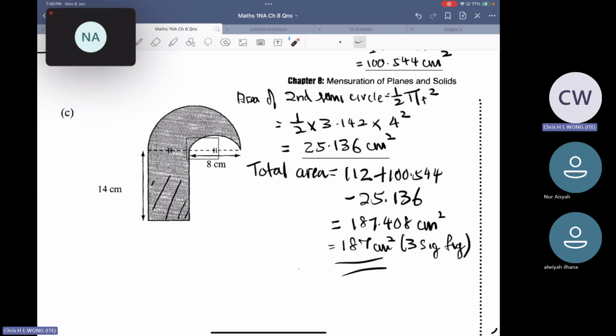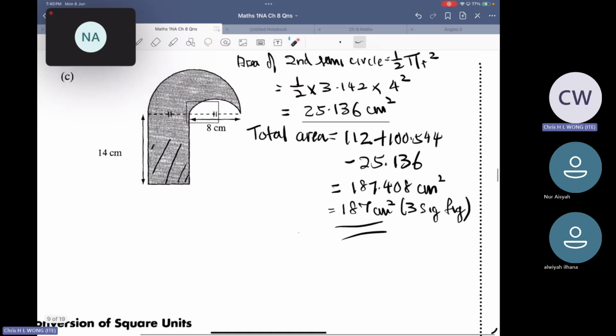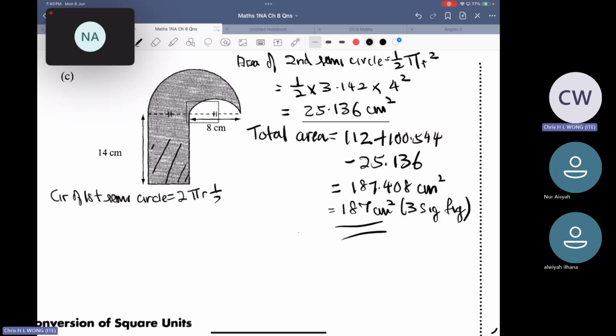Okay. What is the first circumference? I just do it at the side, yeah. Since I start off, cannot stop doing it, right? Circumference of the first semicircle equals to 2 pi r divided by 2, right?